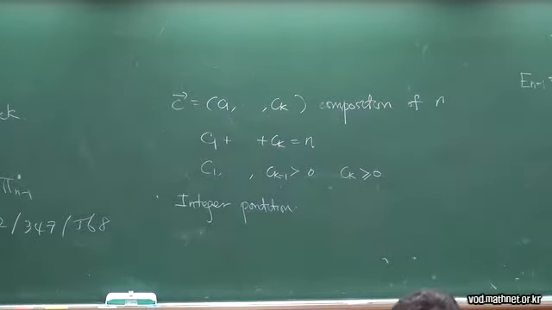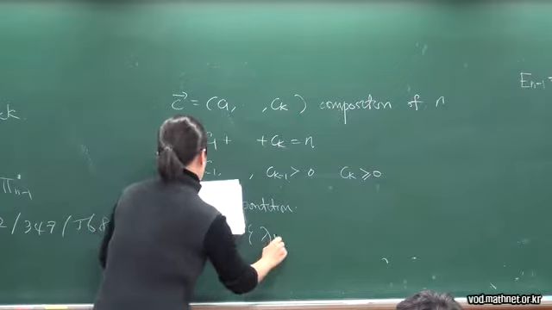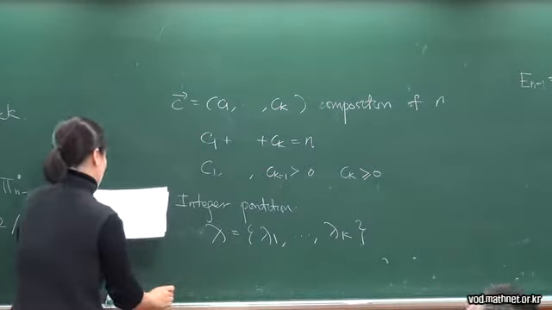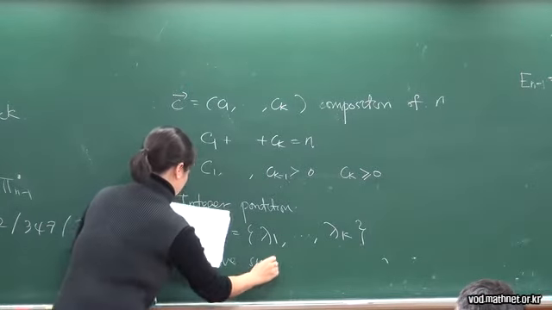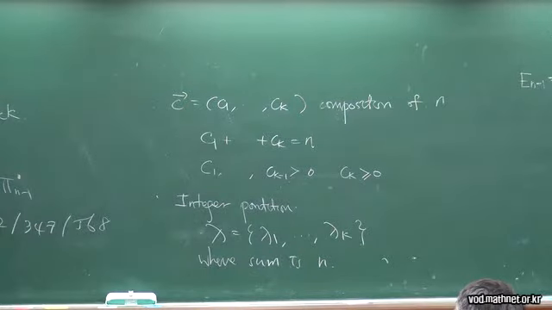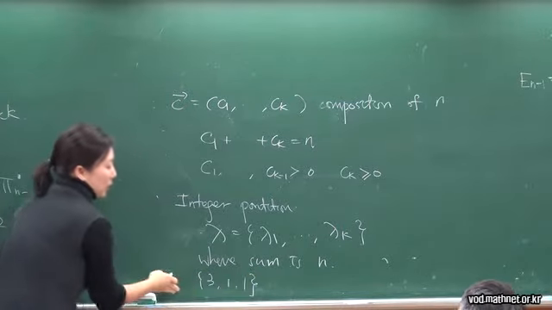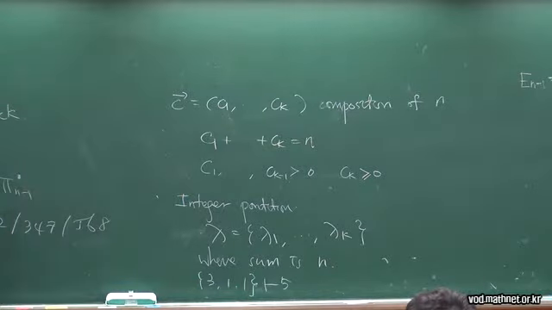This is a multiset where the sum is n. So you have 3 and 1 and 1. This is the integer partition for 5, because 3 plus 1 plus 1 is 5.